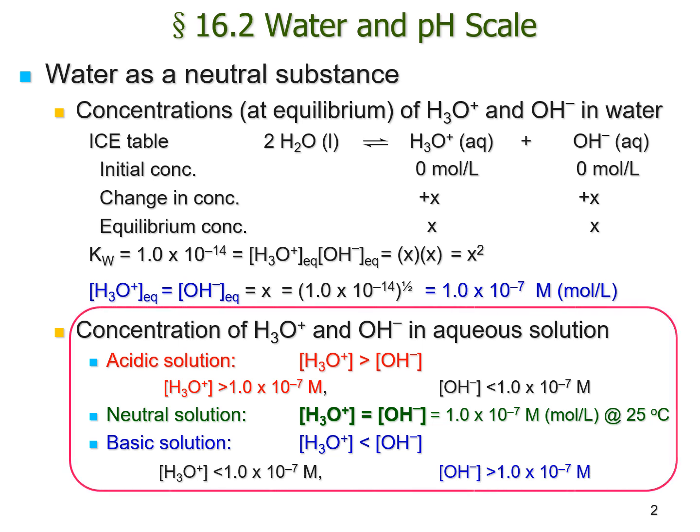And for a basic solution, it is the OH minus term. So OH minus must have a concentration greater than 1.0 times 10 to the negative 7th. On the other hand, hydronium must be less than that value. So the OH minus concentration must be greater than H3O plus before we call the solution basic.